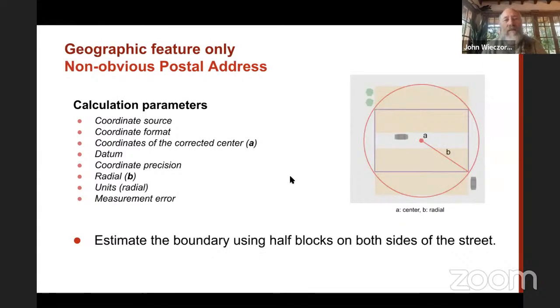The other case is that you have an idea of where the address is, you know what block it's on, or what section of the street it's on. So you can put boundaries on the two sides of the street, but we can't actually say where within the street it is.